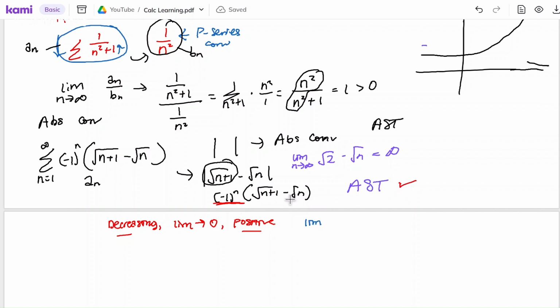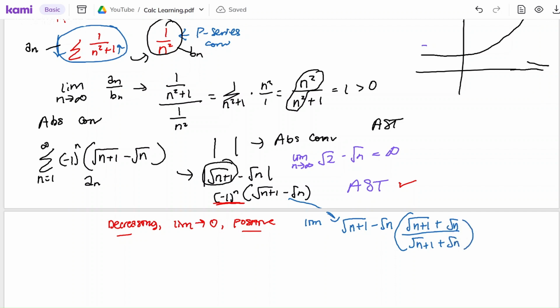I was right, but then to see it better, you have to put this in a conjugate form, which just means n plus 1 minus n. You multiply this function by the positive, so n plus 1 plus n over n plus 1 plus n.